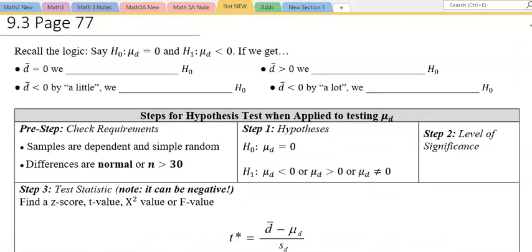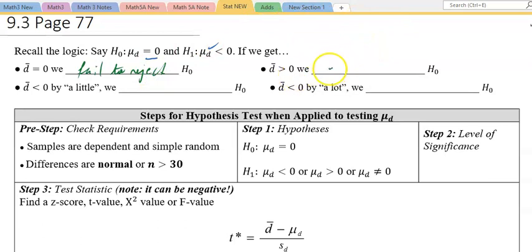So we notice here the logic between the difference being 0: the null hypothesis is always going to say the null is 0, and the alternative will be either less than, greater than, or not equal. So if d equals 0, then we fail to reject the null hypothesis.